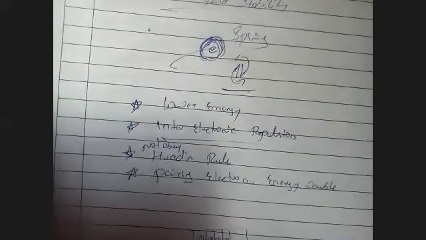Hund's rule means first give one electron to all subshells, and then if you have electrons remaining, you need to pair them. But how does he follow it in square planar? He is not following it for tetrahedral, even though it has the same coordination number. So there is a drawback.